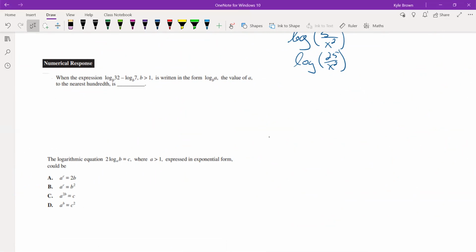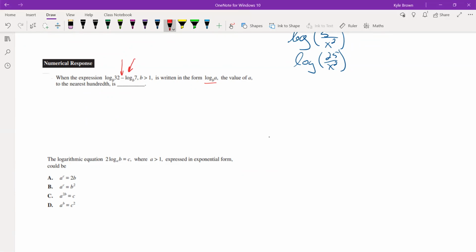So it says when the expression log base b of 32 minus log base b of 7, and b is greater than 1, is written in the form log b of a, then the value of a to the nearest hundredth is. All right, so what's going on there? Really what we've got to do is combine these. And the way we combine them, well, I'm subtracting, so I'm going to use that second log law.